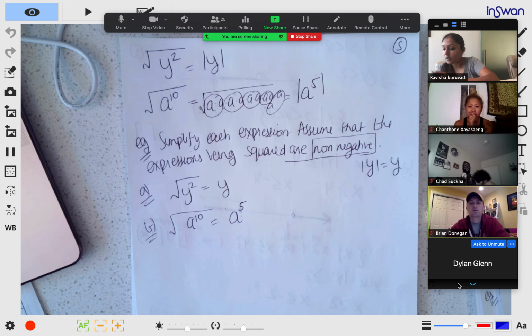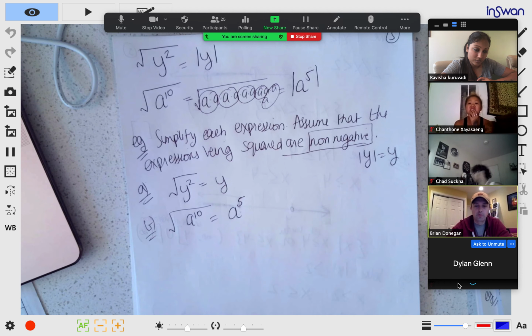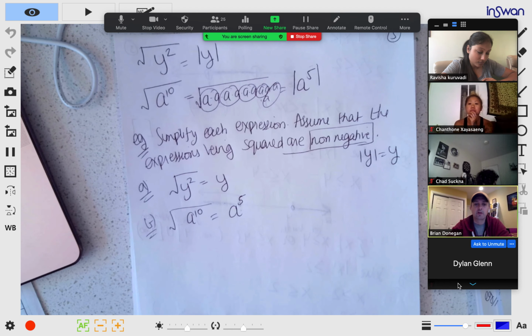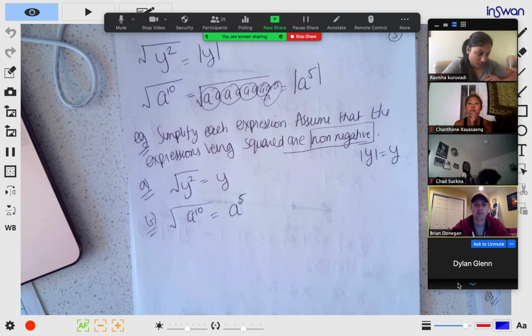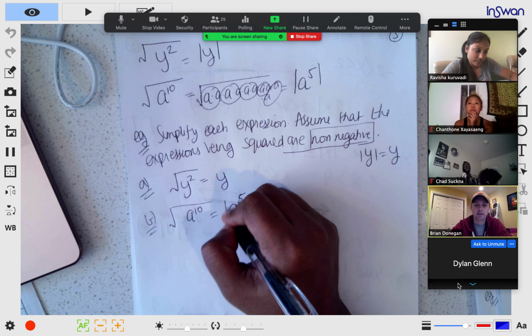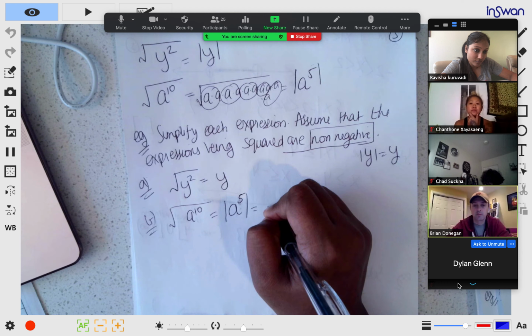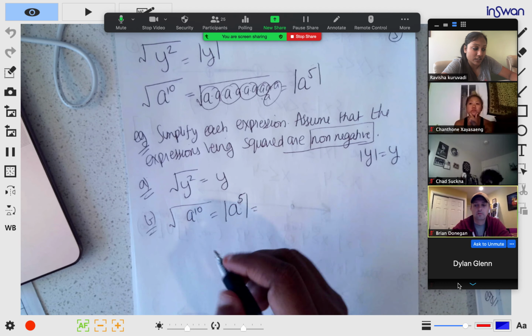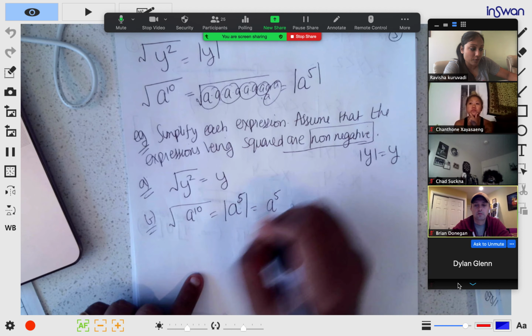Is that because in that case, if we wrote the answer there as absolute value of A5, we would actually be stating that it's a negative number, right? The thing is, it will still remain positive. The reason is, suppose it can be only positive numbers.